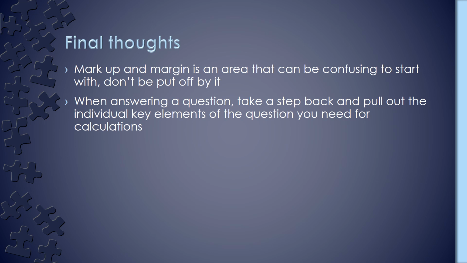So just take a couple of seconds, stop, take a breath, look at the question, and write down on your scrap bit of paper that you can request in the exam room the key bits that you're going to need. What gross profit margin are you given, or what markup are you given, what cost of sales are you given, sales, anything like that. Write it down, because then you'll be able to have it directly in front of you when you want to start doing your calculations to answer the question.